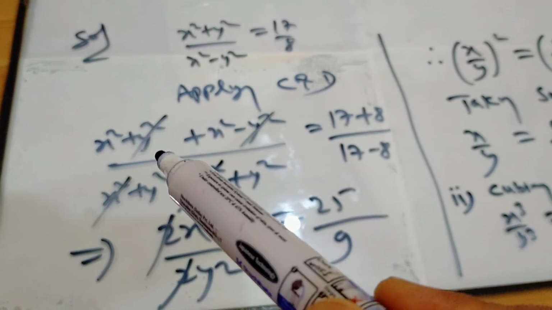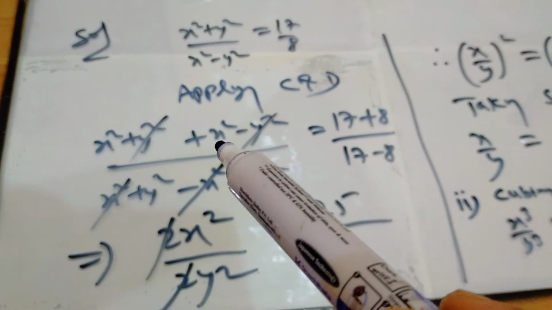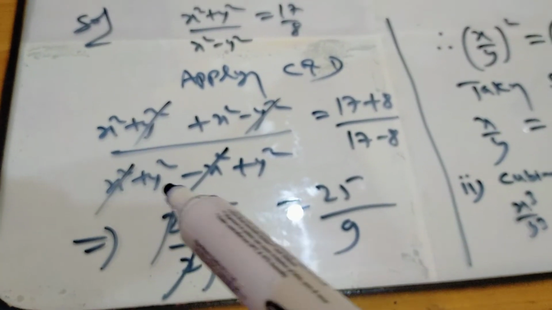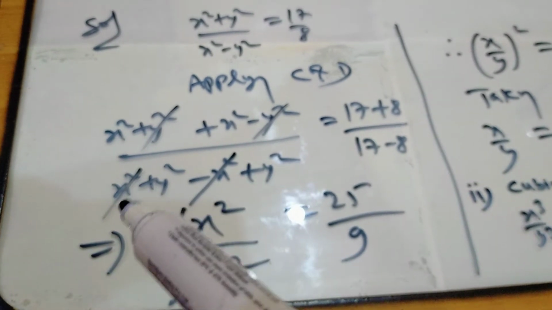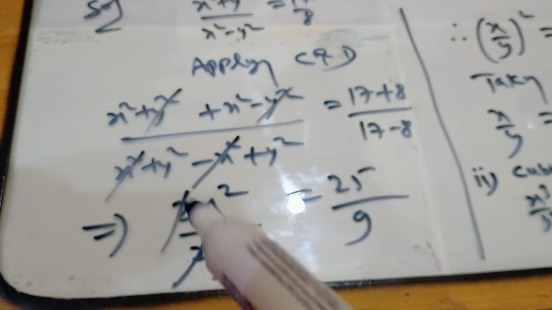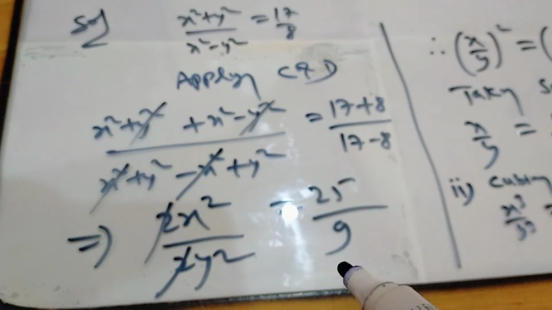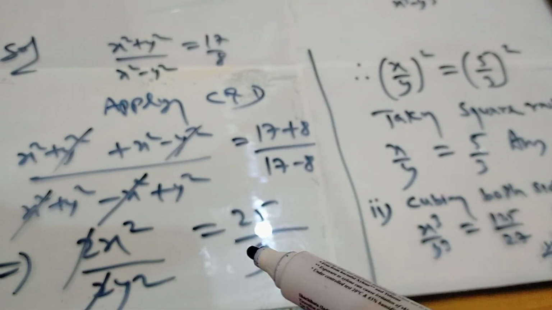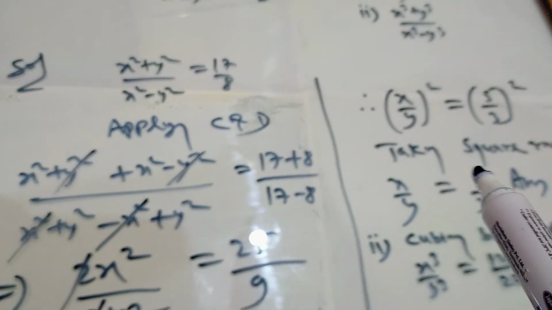So y square and y square cancel, x square plus x square is 2x square; in denominator x square and x square cancel, 2y square, 2 and 2 cancel, and it will be 25 upon 9. Then you can write x upon y whole square is equal to 5 by 3 whole square. So taking square root, x upon y is equal to 5 upon 3. This is the first part answer.